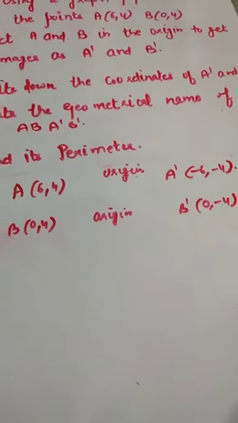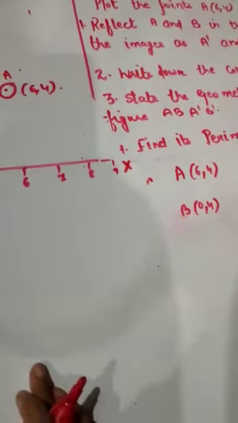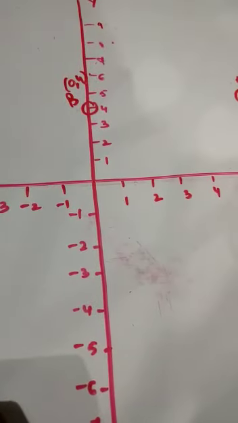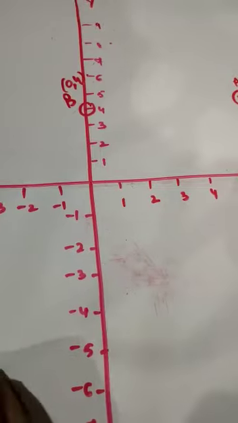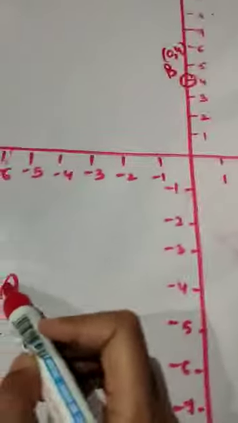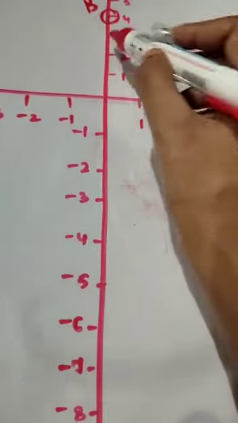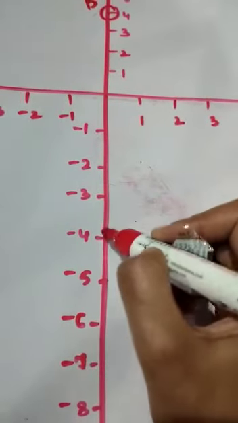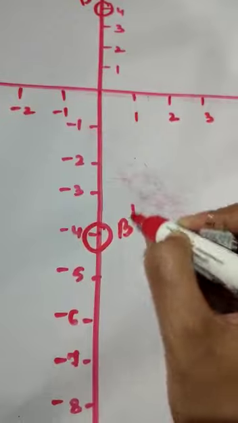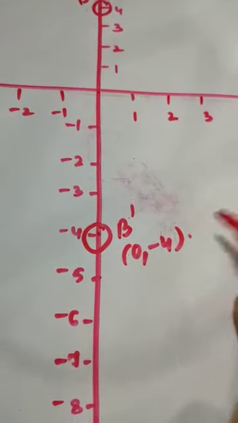So first we will plot A dash, -6 and -4, here. This is A dash, and B is 0, 4, and B dash is 0, -4.